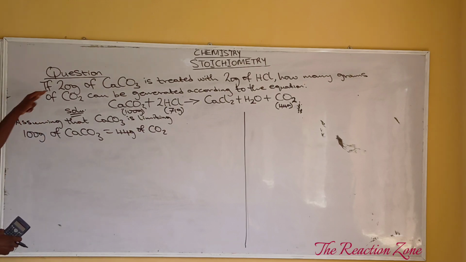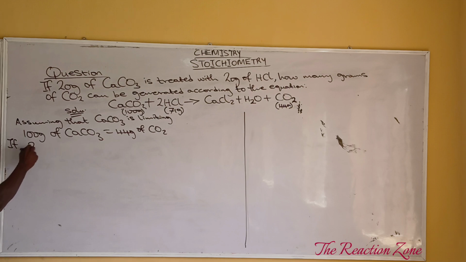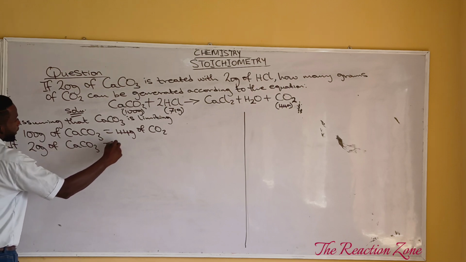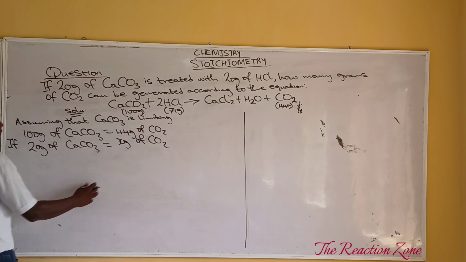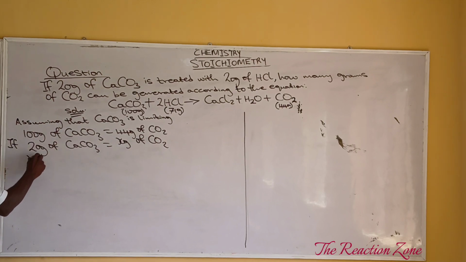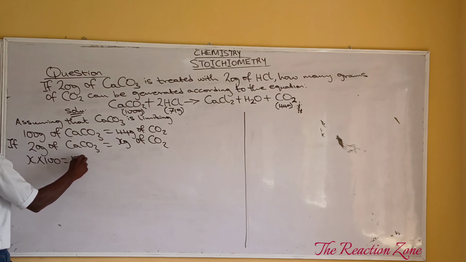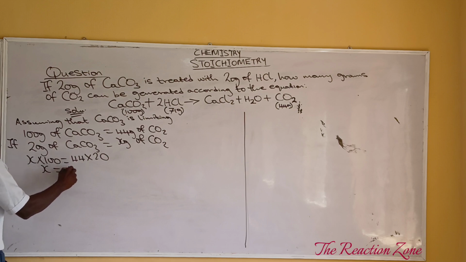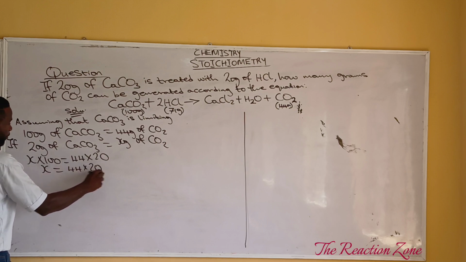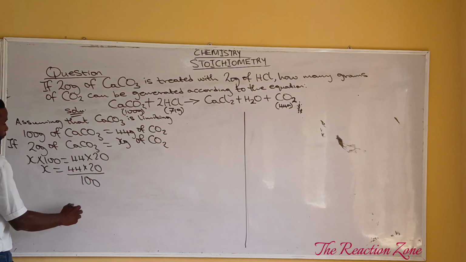According to the question, we have 20 grams of calcium carbonate. So if 20 grams of calcium carbonate is equal to X grams of CO2, when you cross multiply, you have X times 100 is going to be equal to 44 times 20. Then X is going to be 44 times 20 over 100.